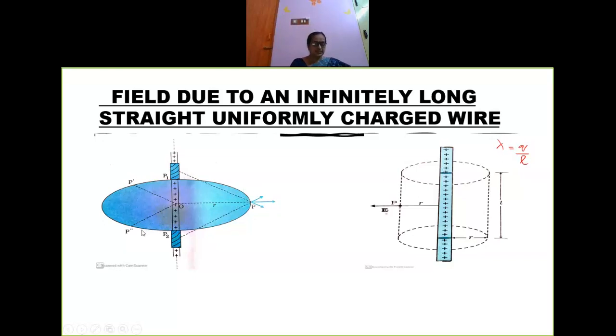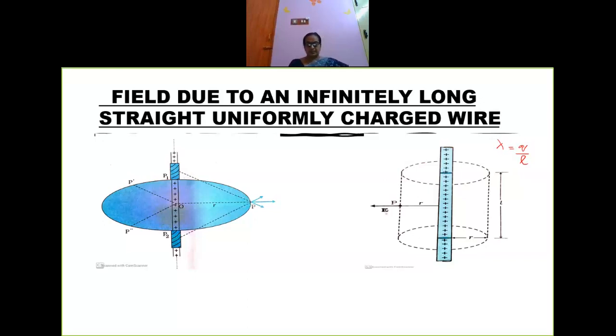Now all these points will have the same value of electric field, and the direction of electric field at every point must be radial outward. Clear?